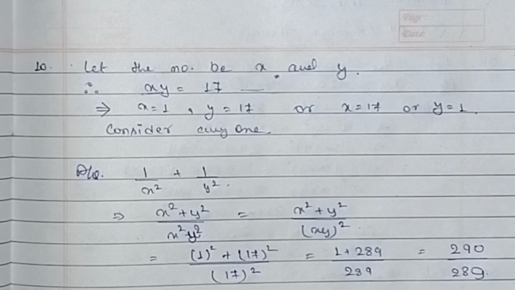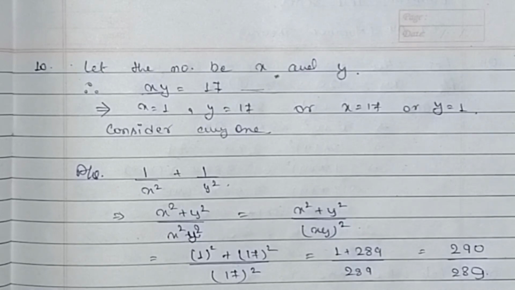Because there is no other number combination which will give the product 17 except 1 and 17. Only the combination of 1 and 17 will give a product of 17. Other than that, there is no combination.